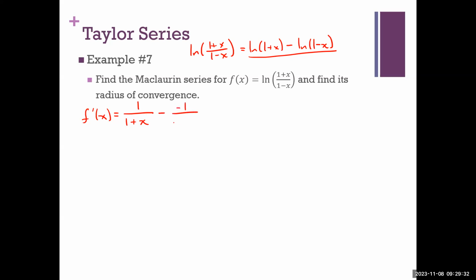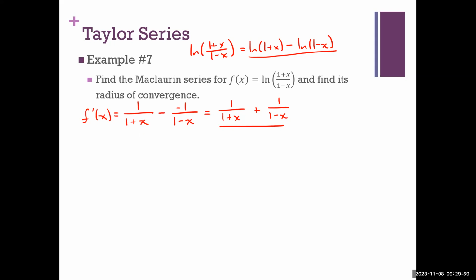Negative 1 over 1 minus x. I think that makes them both positive. So 1 over 1 plus x plus 1 over 1 minus x, right? So this is what the derivative looks like. It's the sum of these two terms.